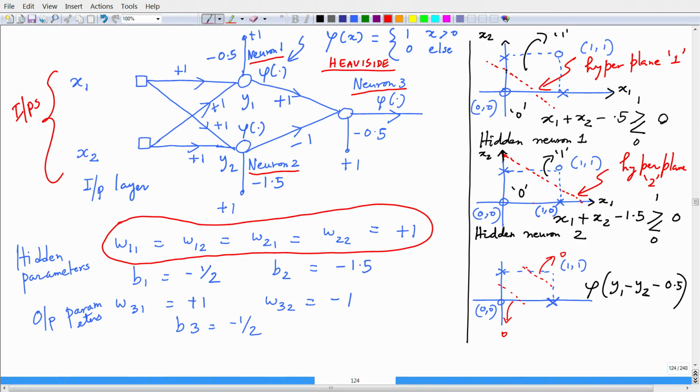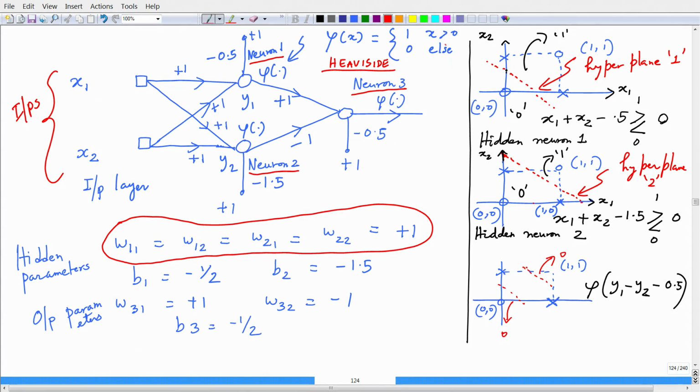Okay. So, let us consider the hidden neuron 1. Let us focus on this diagram here on the right hand side. So, I have a sketch of the points x1 and x2. Now, I need to have an activation function for the neurons, and I assume this to be a Heaviside function given by phi of x equal to 1 for x greater than 0 and 0 otherwise.